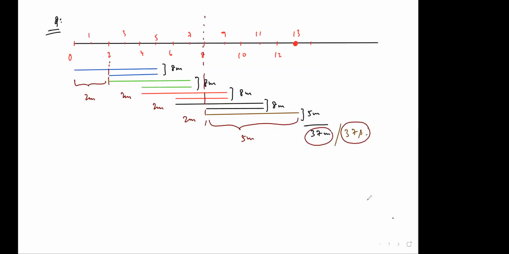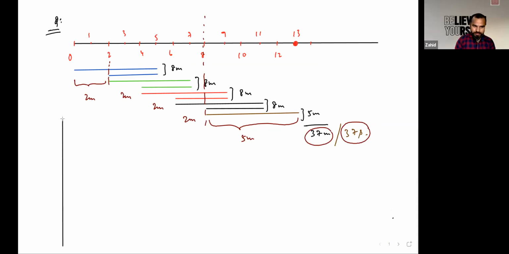Any more doubt to any one of you? Sir, for that question, we also have to plot it in a graph, right? XT graph. Okay, if you want to plot position versus time graph, this is 1, 2, 3, 4, 5, 6, 7, 8, 9, 10, 11, 12, 13.